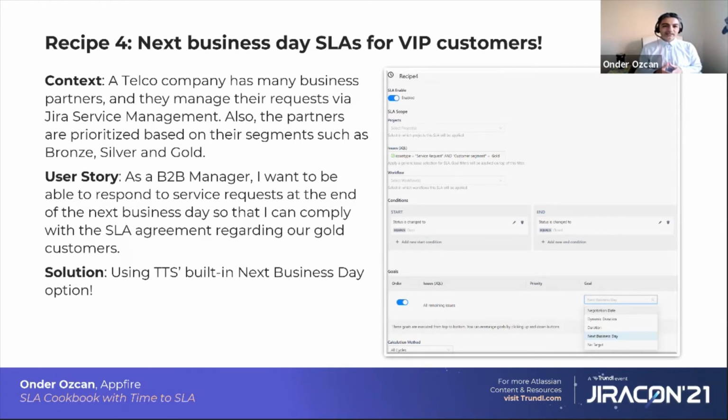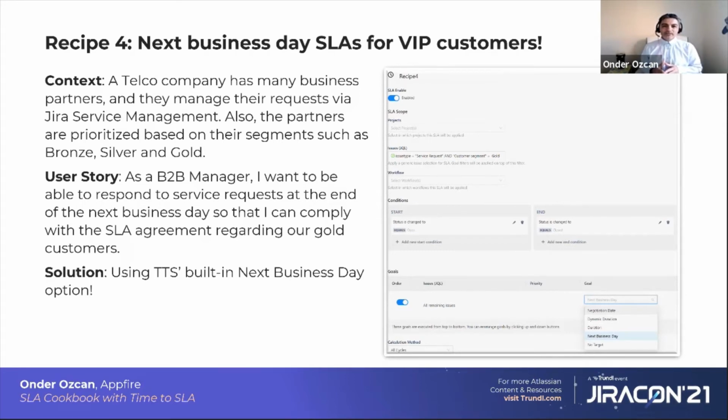In this particular example it is the JQL. Issue type is service request, and customer segment is gold. And the goal can be negotiation date, dynamic duration, or static duration, or most importantly, next business day.